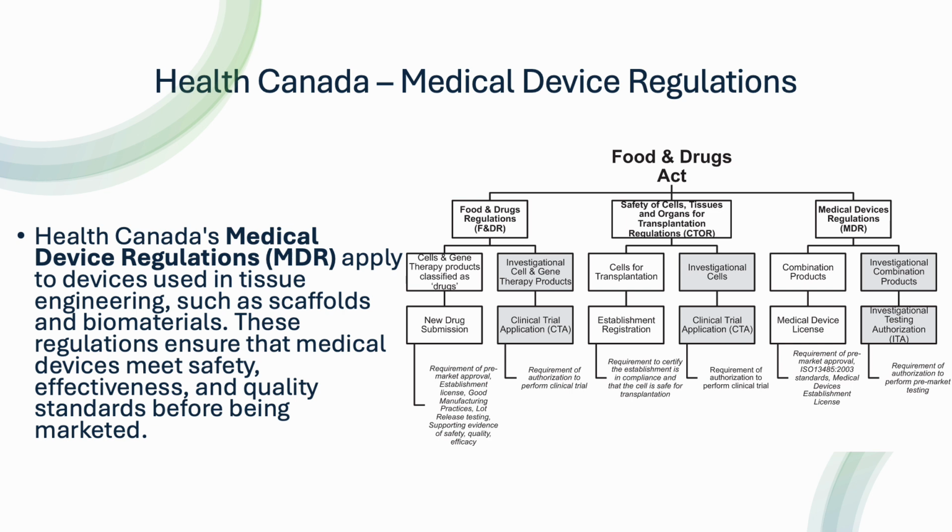Now, in conclusion for this slide, Health Canada's medical device regulations apply to devices used in tissue engineering, such as scaffolds and biomaterials. So these regulations ensure that medical devices meet safety, effectiveness, and quality standards before being marketed.